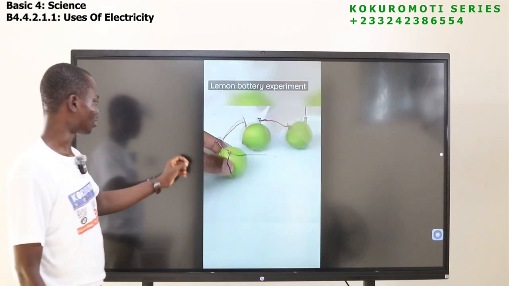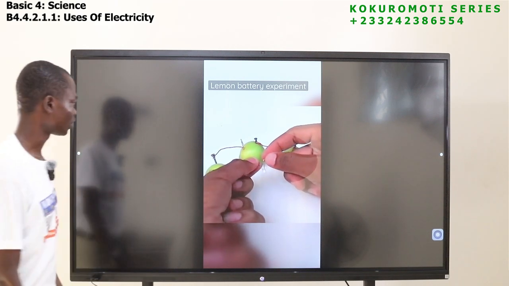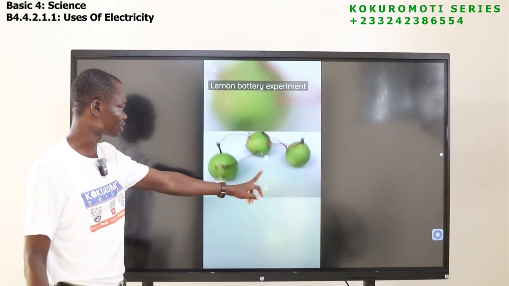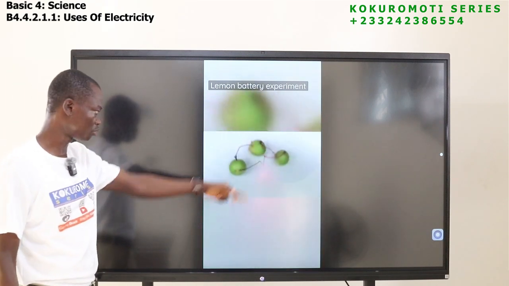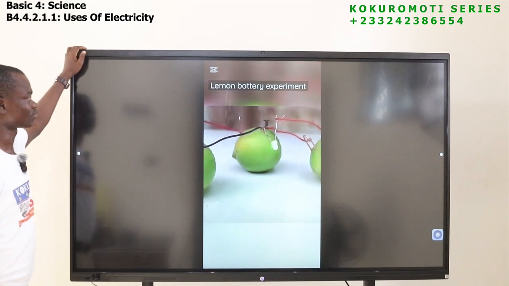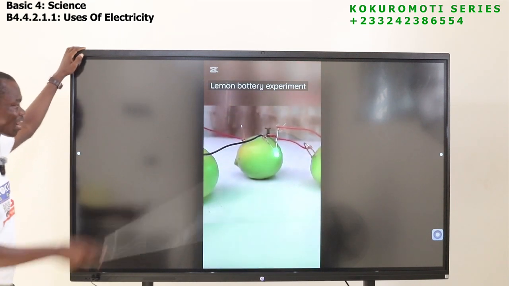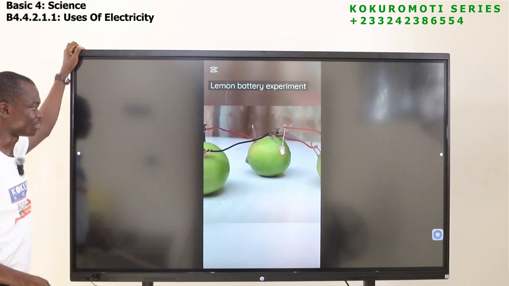Then you attach both ends to the lead. So if you attach to the lead, look at what is happening to the lead. Now the lead, which is, let's say the bulb, has produced light. Have you seen it? Okay, so this is how lemons are used to generate electricity.